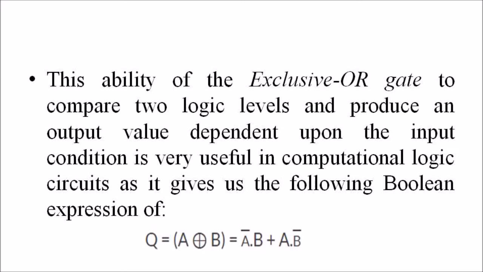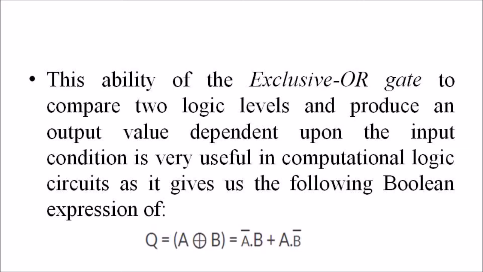This ability of the exclusive OR gate to compare two logic levels and produce an output value depending upon the input condition is very useful in computational logic circuits, as it gives us the Boolean expression Q is equal to A XOR B, which is equal to A bar dot B plus A dot B bar.